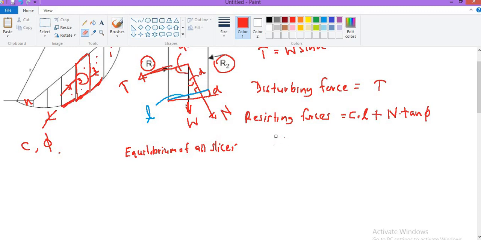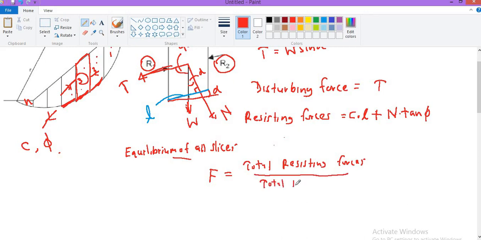We consider the equilibrium, so the factor of safety can be written as total resisting forces divided by total disturbing forces.